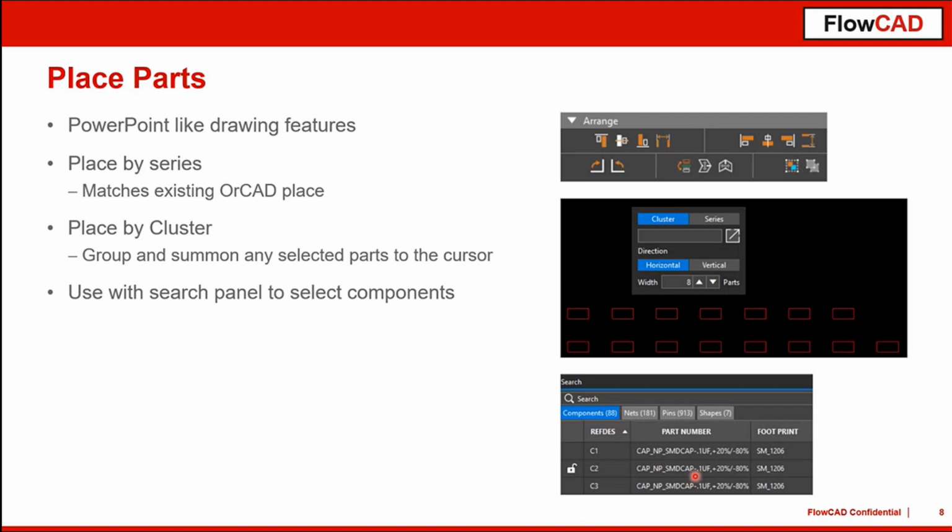What we also have here are these arrangement features, so to say, drawing features. It looks somehow similar to the arrangement stuff in PowerPoint, and actually it works the same. You can align components, you can rotate components, and so on. Again, very easy to use. You see it directly in the properties panel.